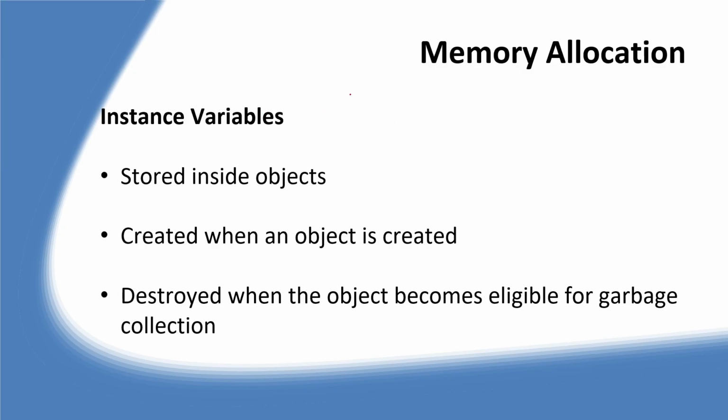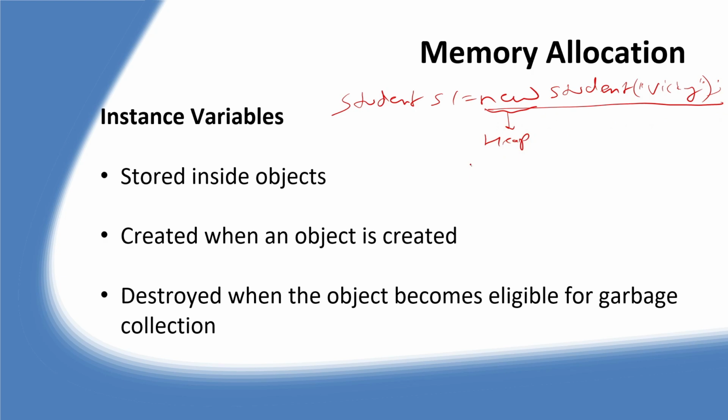So suppose we are creating an object, Student s1 equals new Student, and let's say we are passing some value, wiki, only one parameter. Okay, so since we are using here new keyword, that means in the heap memory this object will be getting created. So we'll be having student object, what this object will be having?